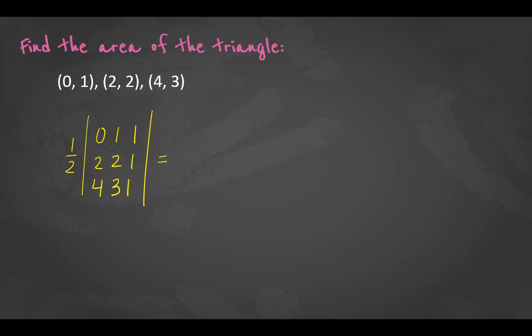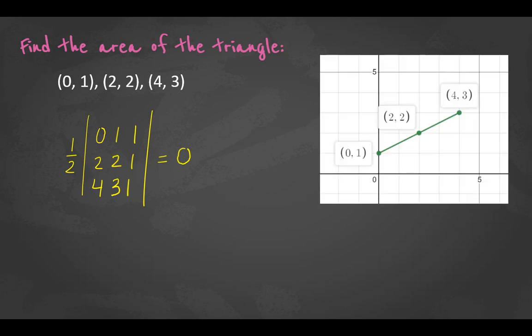Okay. How can a triangle have an area of 0? It doesn't exist. Why? Because it doesn't close. Or it goes on forever. Let me show you a graph of these points. It's a line, right? The 3 points are what is called collinear.